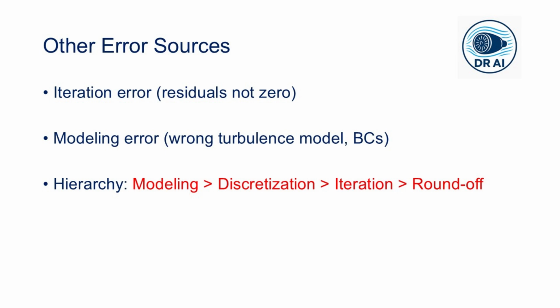If you use the wrong turbulence model or the wrong boundary condition, even an exact solution of the discretized equations will be wrong. So remember the hierarchy: modeling error is greater than discretization error, which is greater than iteration error, which is greater than round-off error. So always fix the largest source first.